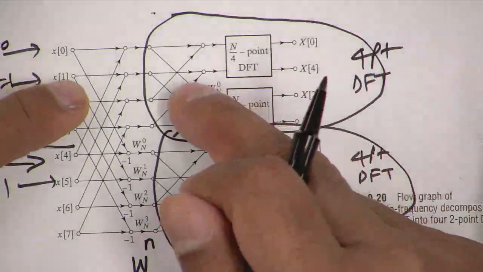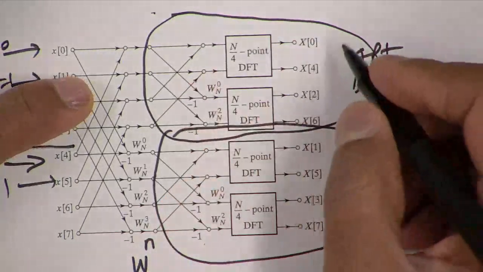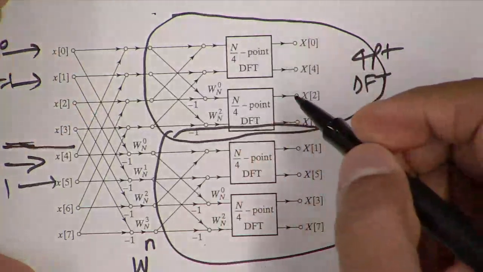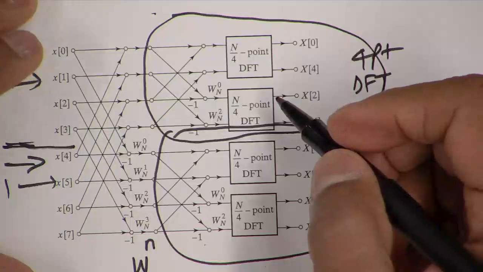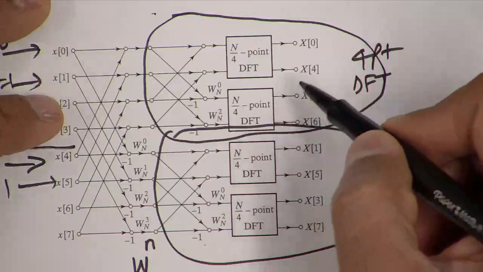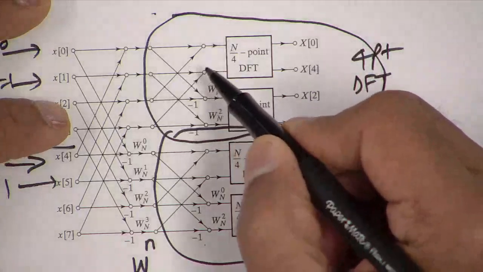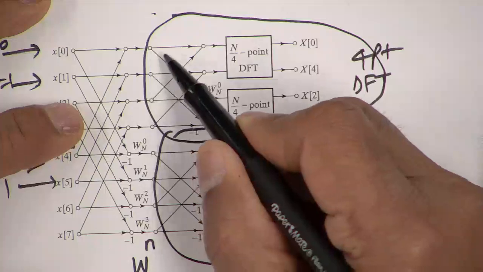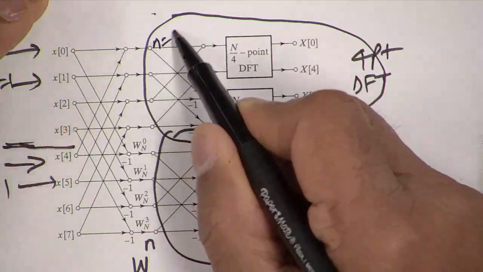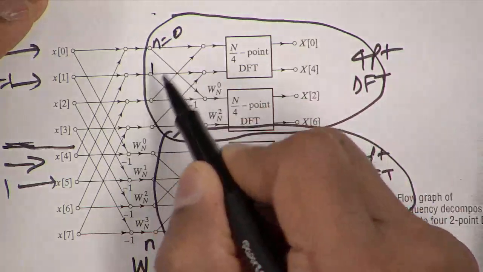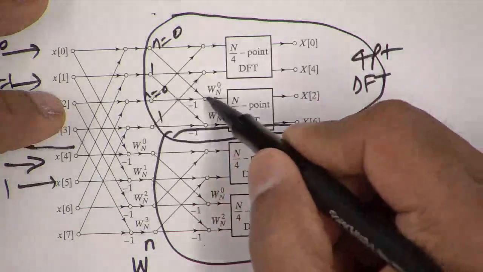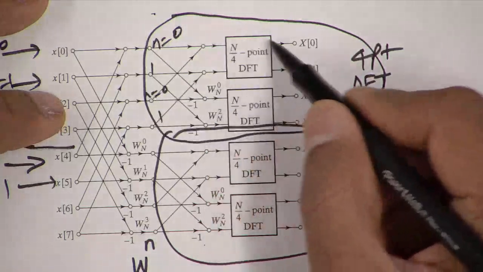But then what we see here, so from the 4-point, if you look at this 4-point here, these are again the butterflies. You can think about this as n equal to 0 and 1 if you like, and then do the butterflies, and then the 2-point DFT, which is this here.